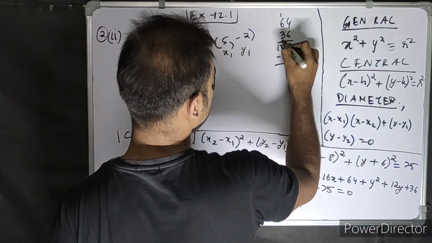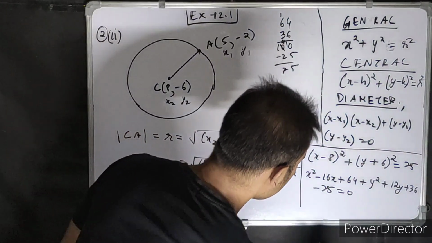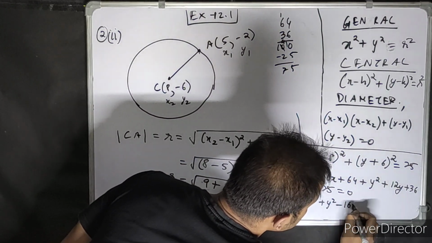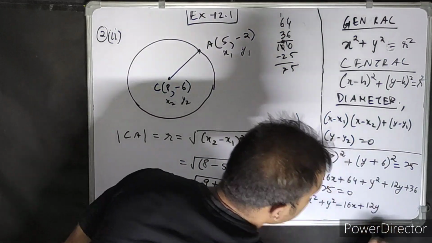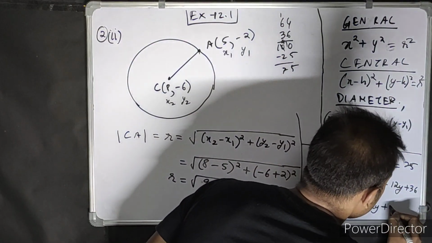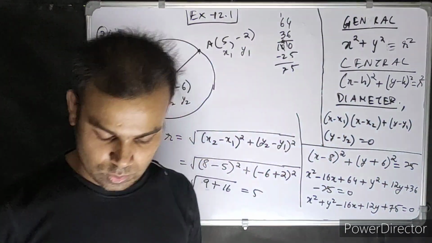So we are left with x square plus y square minus 16x plus 12y, no changes in these things, plus 75 is equal to 0.